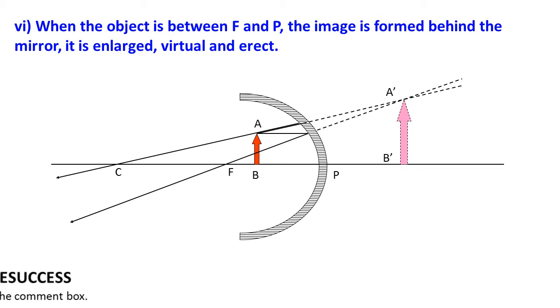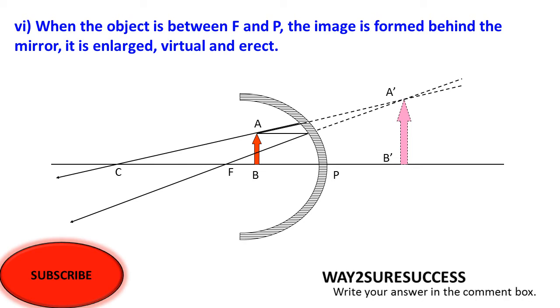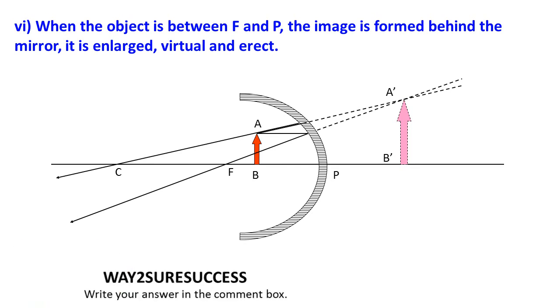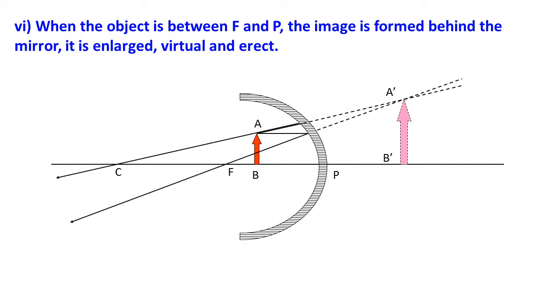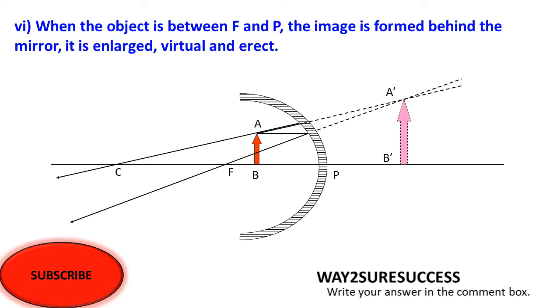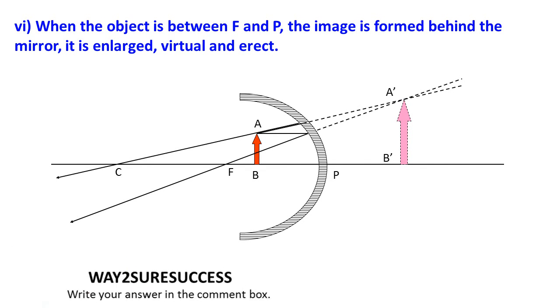In this case, the characteristics of the image formed behind the mirror: it is enlarged, it is virtual and erect. It is virtual because it is forming behind the mirror, that's why it is called virtual, and it is erect as it is in a similar direction to the object.